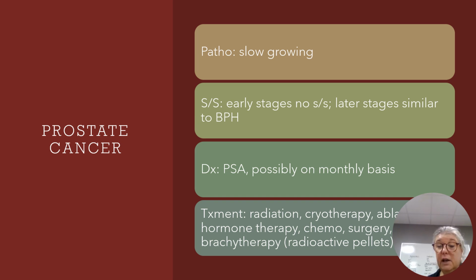Now, you can have fast growing tumors, don't get me wrong, but in general, prostate cancer is slow growing. Tumors that develop in the prostate tend to develop on the periphery of the gland, which does not obstruct the flow of urine. Hence, they go unnoticed until there is associated pain.